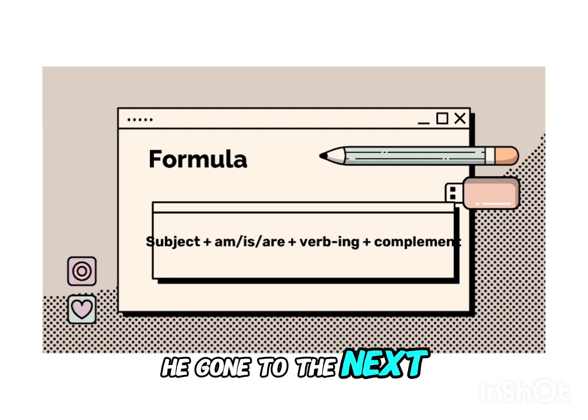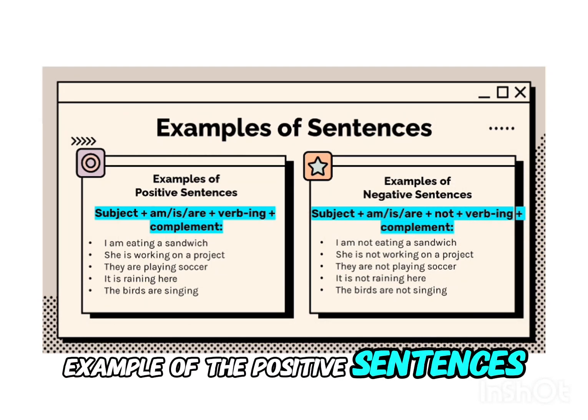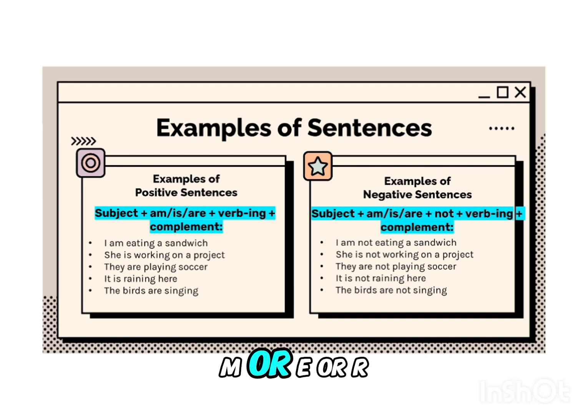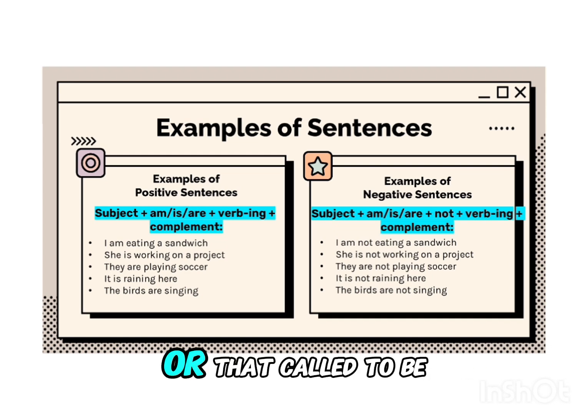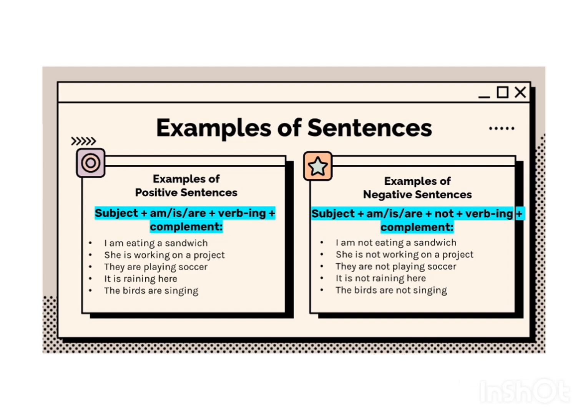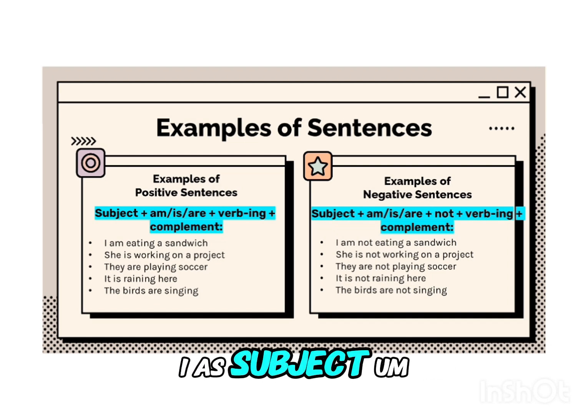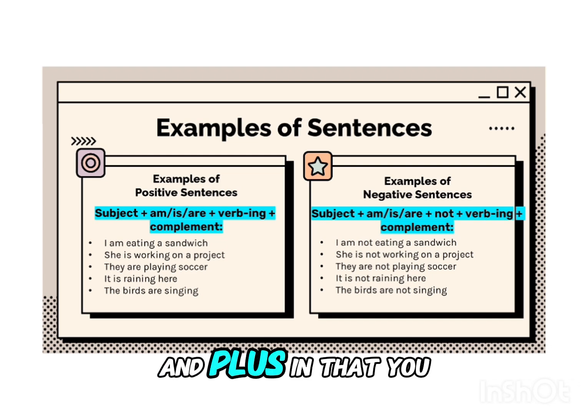We go on to the next example of the positive sentences. For the formula, subject plus am or is or are, that are called to be, plus verb-ing, plus complement. And the example, I am eating a sandwich. I as subject, am as a to be, or am or is or are that are called to be. So eating is the verb-ing; the verb is eat, and plus ing, that you can see, eating.